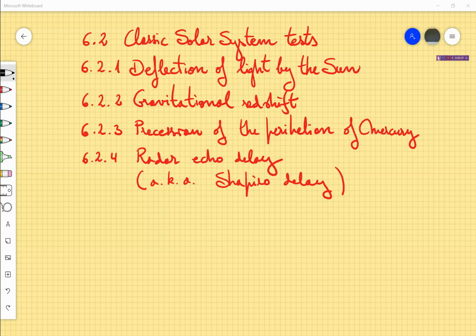These tests are the deflection of light by the sun. You remember this famous story about the total eclipse of 1919. The gravitational redshift, which is something that we already discussed when we studied the first consequences of the Einsteinian equivalence principle.